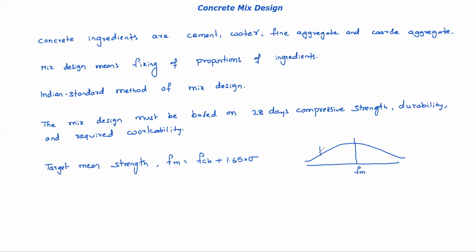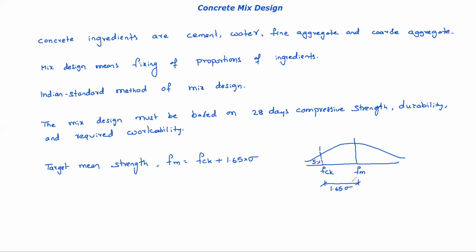Characteristic strength means below that value, only 5% of results will be there. That is fck. So according to normal distribution, the gap between this 5% and 50% is 1.65 times the standard deviation. So based on the grade of concrete, we need to find target mean strength.